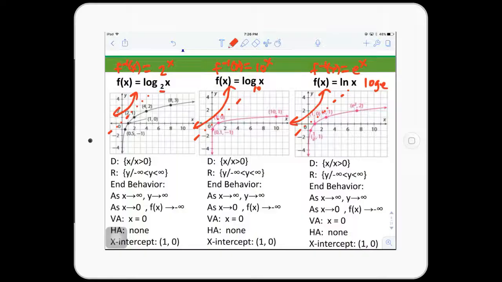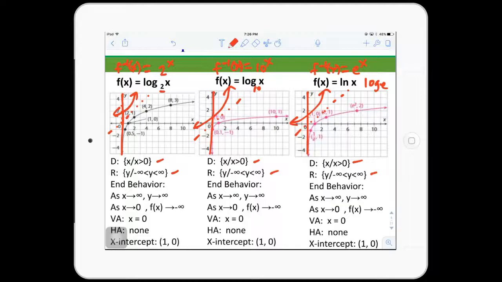For the logarithm functions, the domain is to the right, because notice the graphs all sit to the right side of the y-axis. So x is greater than 0 for the domain for all of them. And notice that the range goes up and down, so it's all reals for every single one of them.